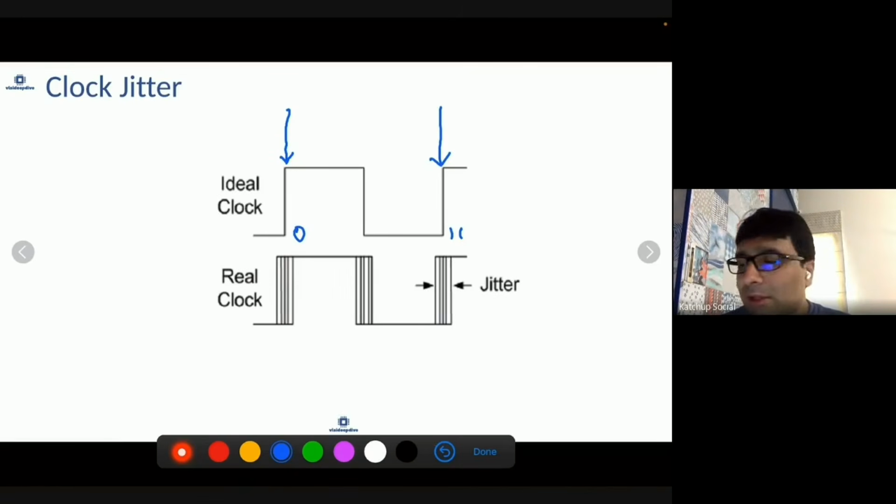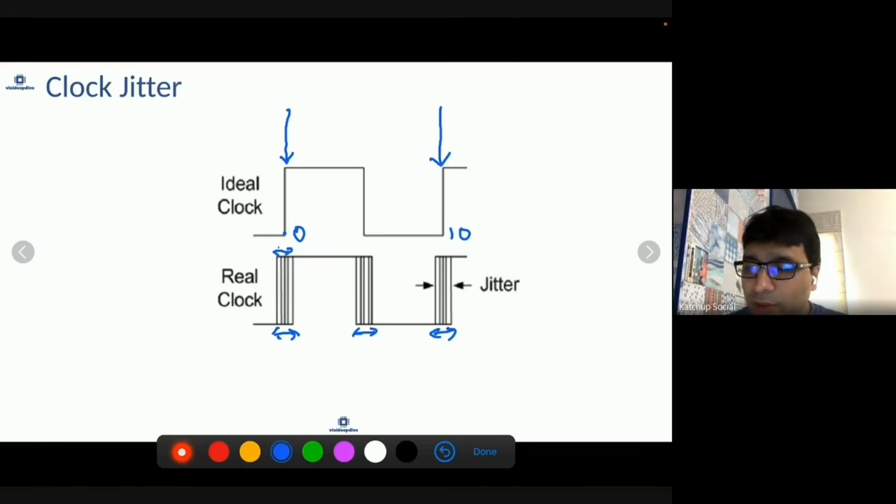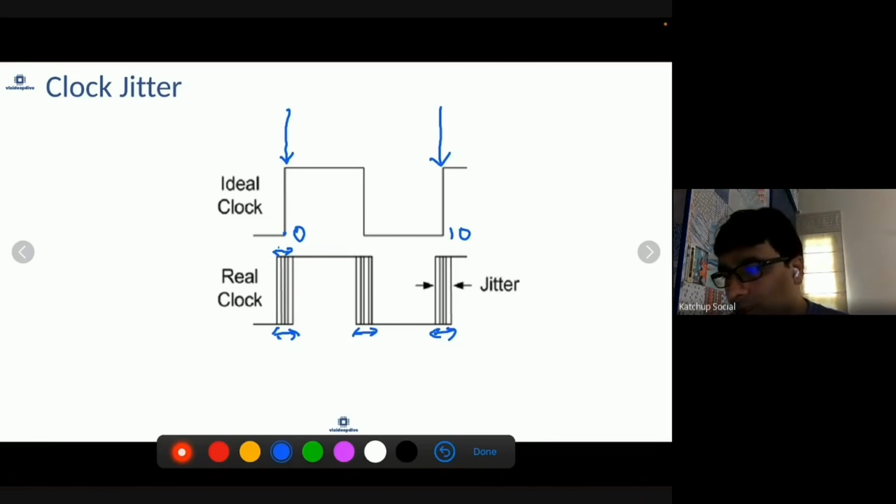Practically, clocks usually have some jitter. What is the meaning? Jitter is basically some uncertainty in the clock edges. So rather than the rising edge coming right at time 0, it can come slightly later than time 0, or slightly earlier than time 0.